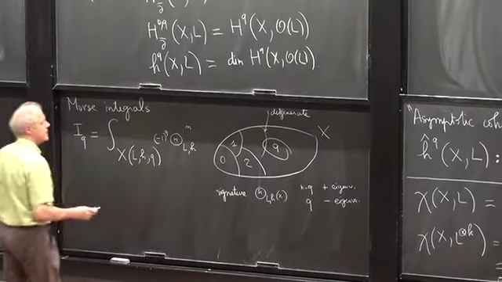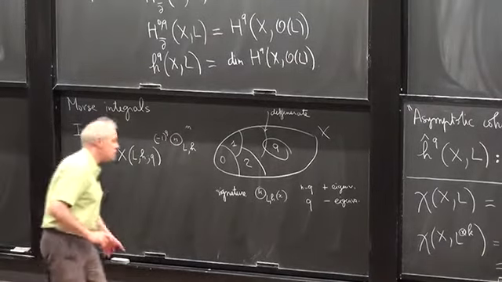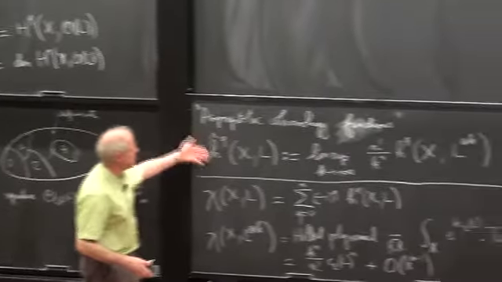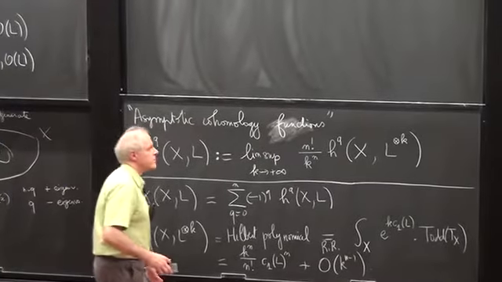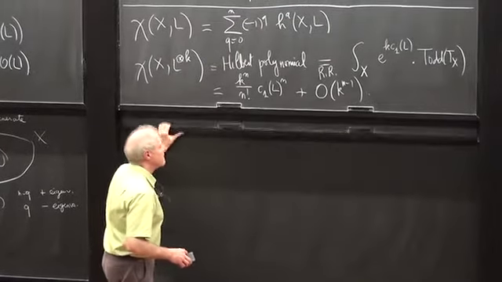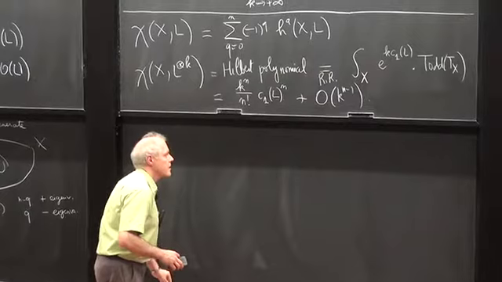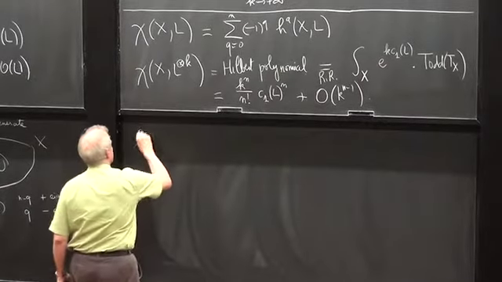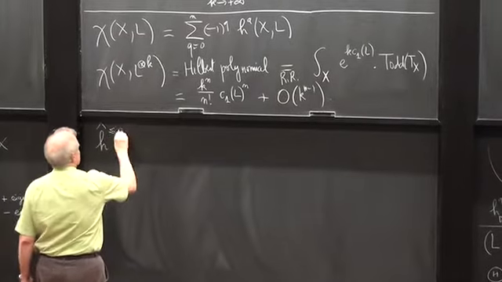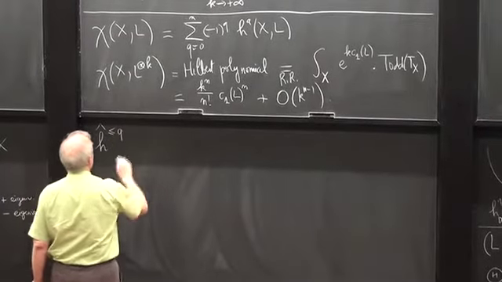Okay, and then you have to introduce the analog of the Morse partial sums here. So you introduce what I will denote by H hat. So it's the asymptotic cohomology.